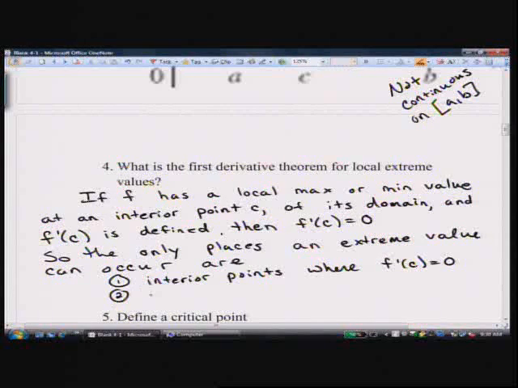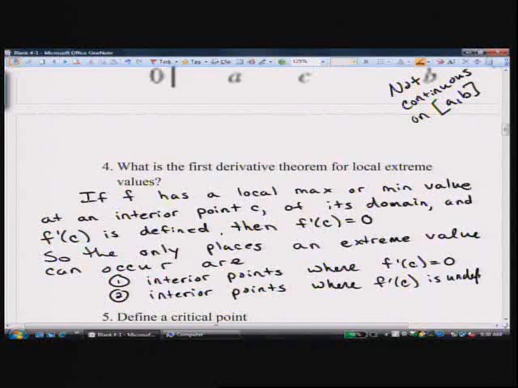We could have an interior point where f prime of c is undefined. And finally, the endpoints of the domain.